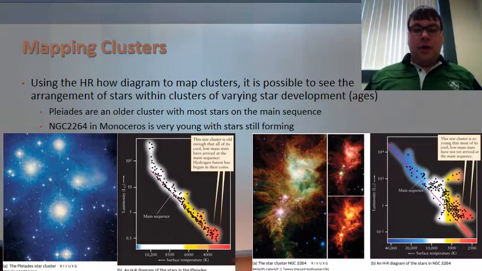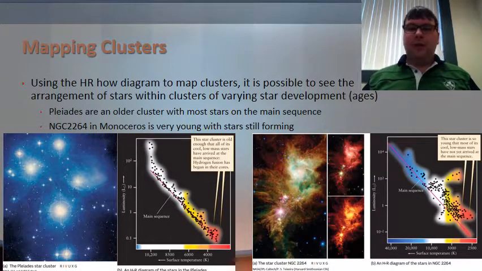Very few are still trying to reach the main sequence. Now, when we're looking at the star clusters, some of the stars have also left the main sequence. So that's indicating that those stars formed a little bit before the others. So again, these stars are not forming at exactly the same rate.